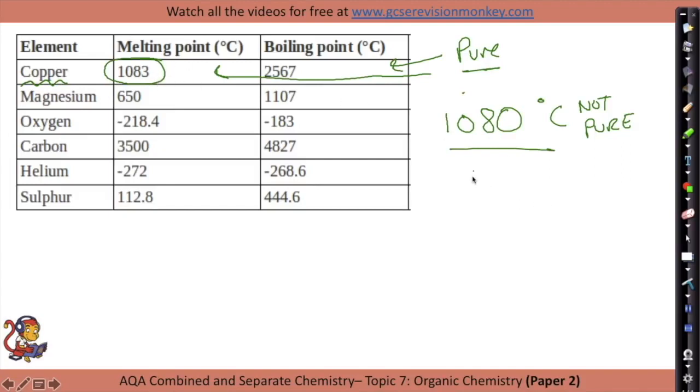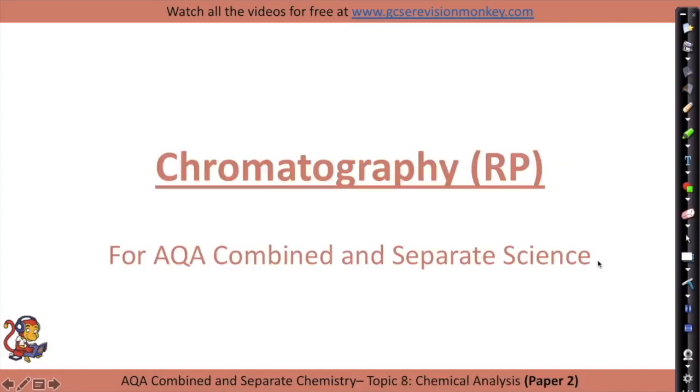So this could mean that it has some impurities in it, such as maybe a bit of sulfur or another element in there which is affecting the melting point. So you need to be able to understand these tables and understand data on melting and boiling points to determine the most pure substance.